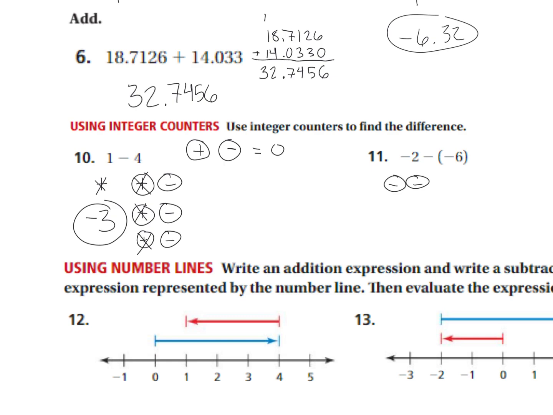I'm trying to take away negative 6, or take away 6 negatives, which means I'm going to need to add in some extra 0 pairs in order to do so. There's 1, 2, 3, 4, 5, 6, meaning I am left with positive 4.